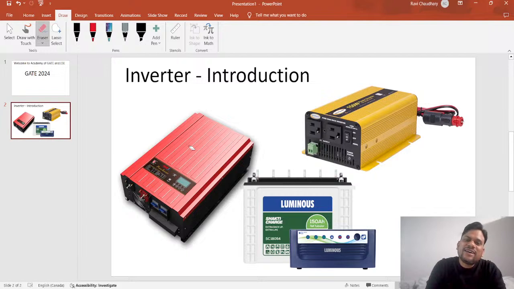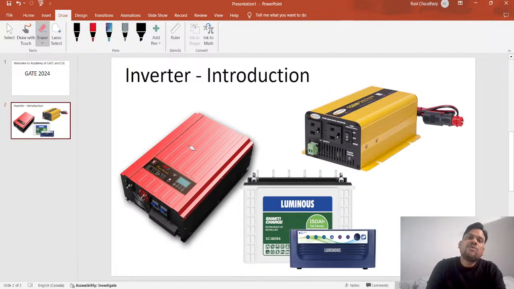The use of inverters is not that high, but in a few countries, especially those in which electricity generation is not enough to operate the country, we require some backup of electricity, and that backup we can store in the form of DC.